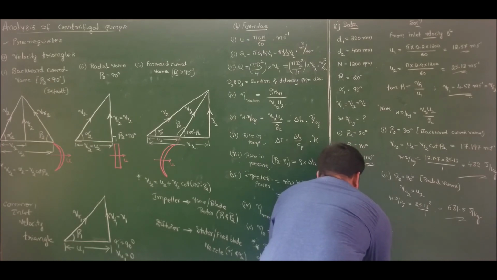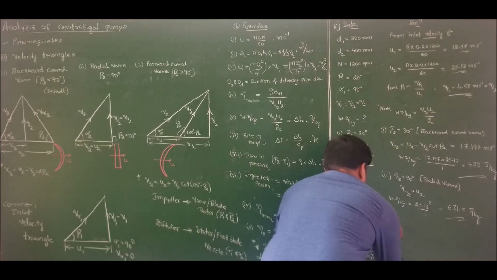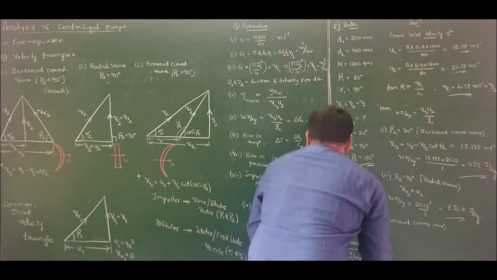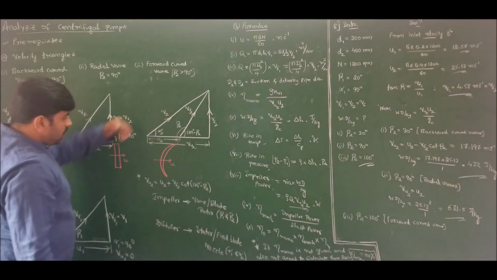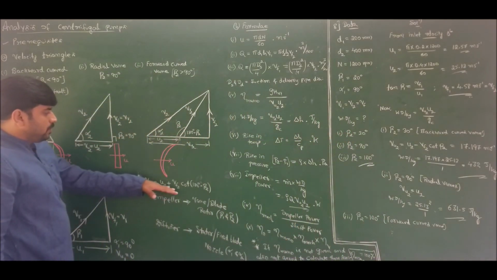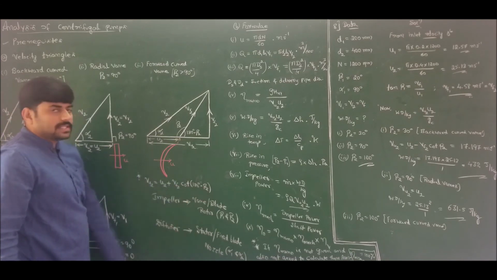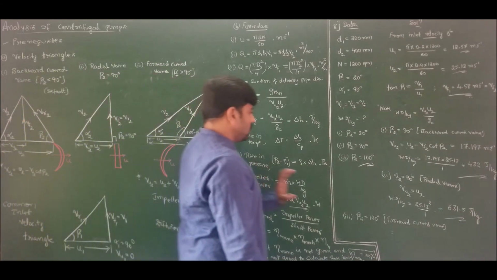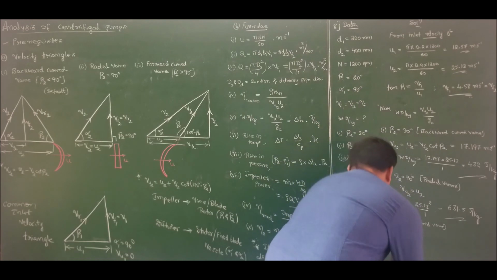Coming finally to the third one, that is beta 2 equal to 100 degrees for the forward curved vane. You already know that for the forward curved vane, Vu2 is u2 plus Vf2 cot of 180 degrees minus beta 2. You should redraw this velocity triangle and use the relation.